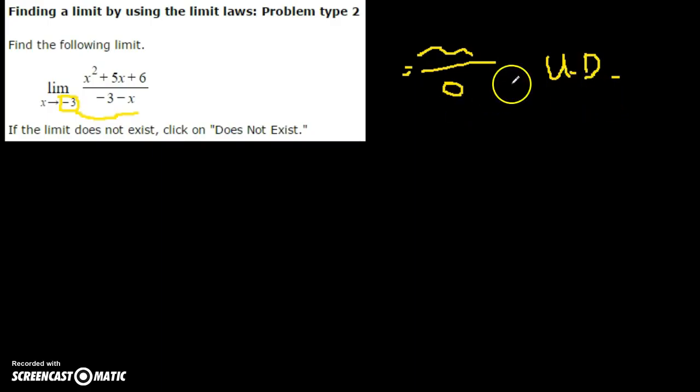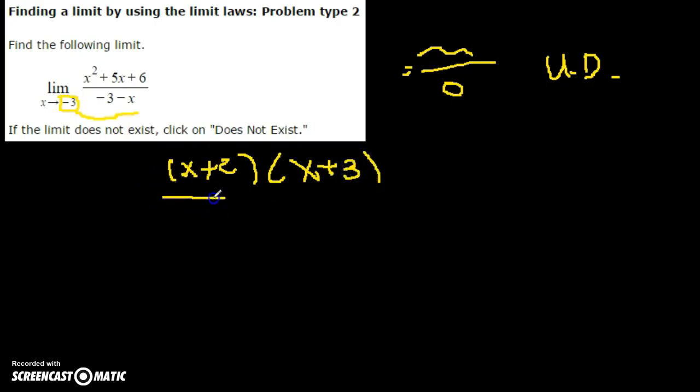I hope you know how to factor, because that's how we do it. I can factor the top: x squared plus 5x plus 6 becomes x plus 2 and x plus 3, over, I'm going to take out the negative from the denominator, so I will have 3 plus x.